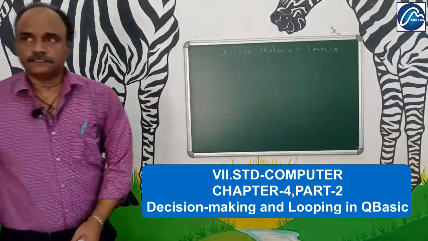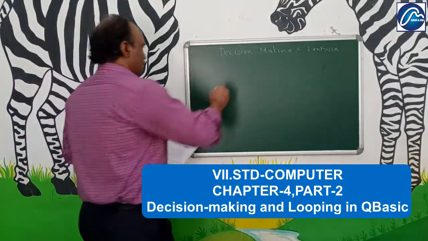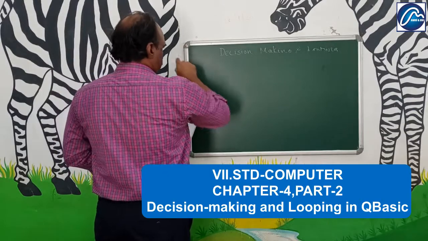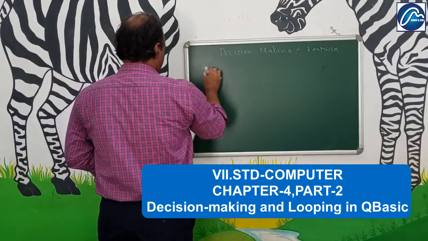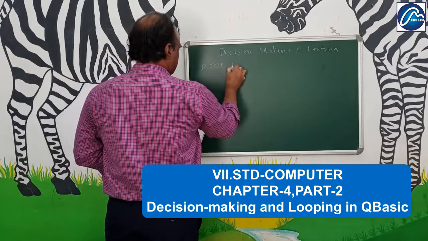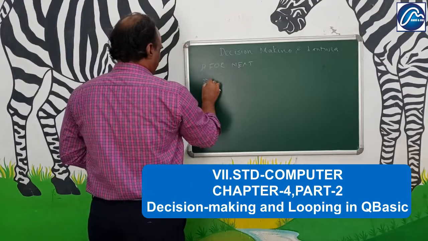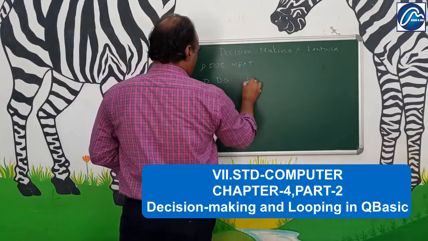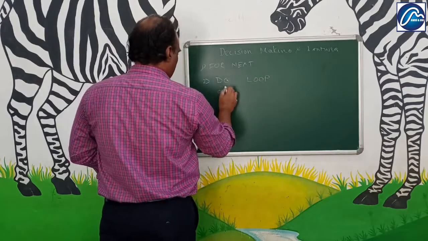So what is it? Some of the other types of looping statements are: one is for next, second one is do loop, wherein there are two types of do loop.